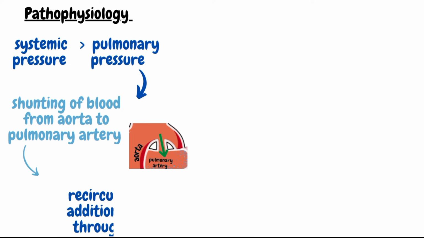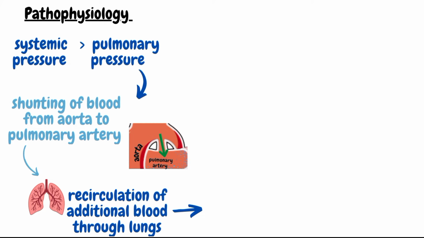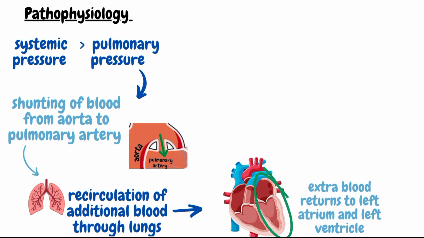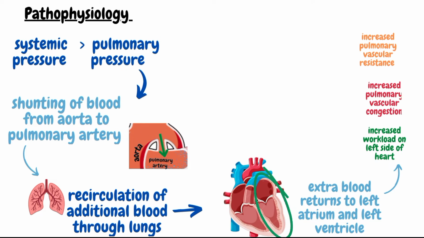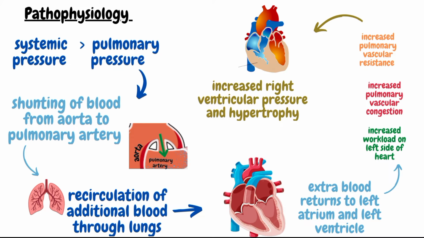The additional blood is recirculated through the lungs and returned to the left atrium and the left ventricle. The effects of altered circulation are increased workload on the left side of the heart, increased pulmonary vascular congestion and possibly resistance, and potentially increased right ventricular pressure and hypertrophy.